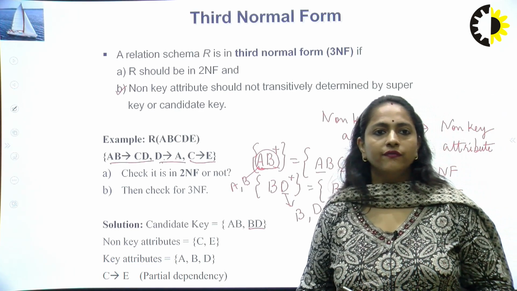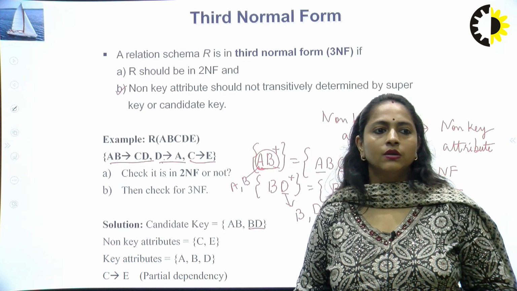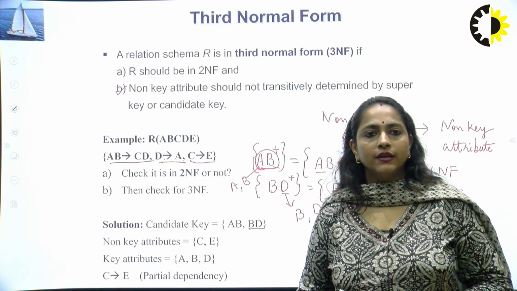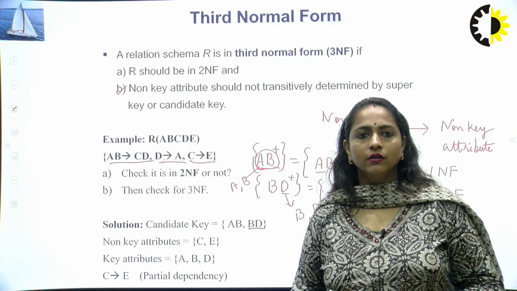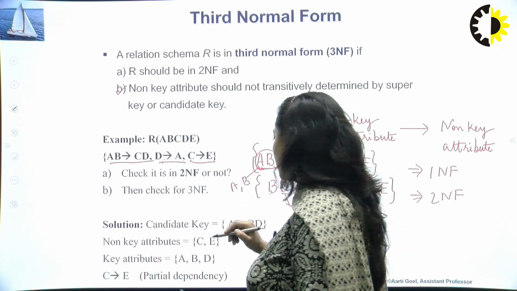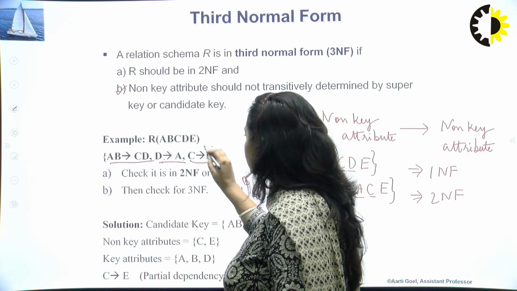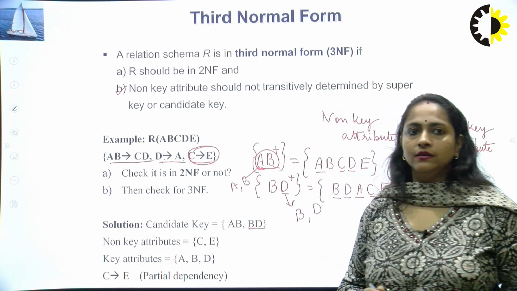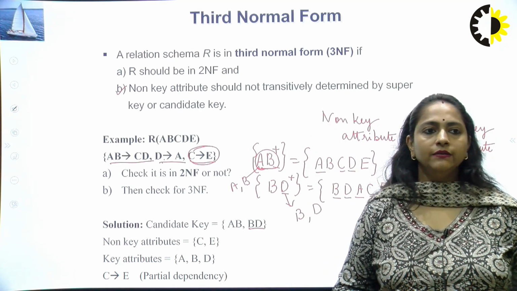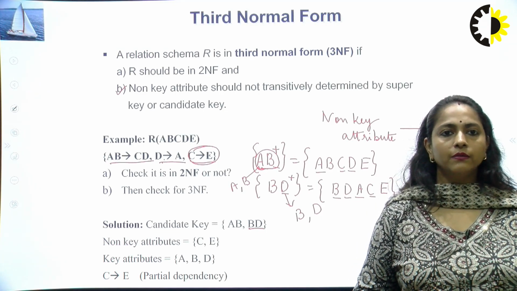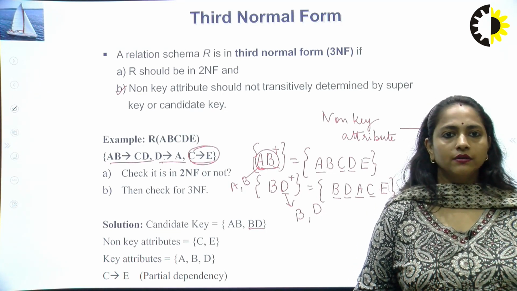Now let's check for the third normal form. For the third normal form, we need to check that a non-key attribute should not determine a non-key attribute. So here we have C implies E. C and E both are non-key attributes, and a non-key attribute determines another non-key attribute.